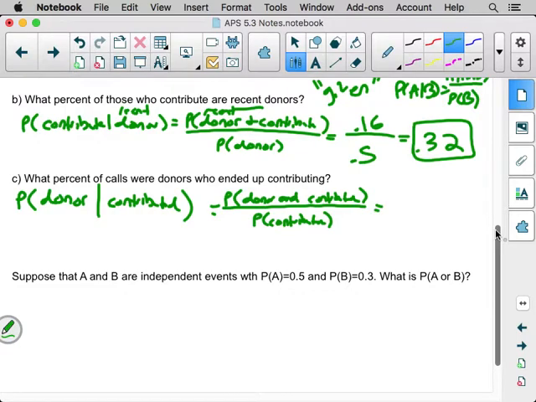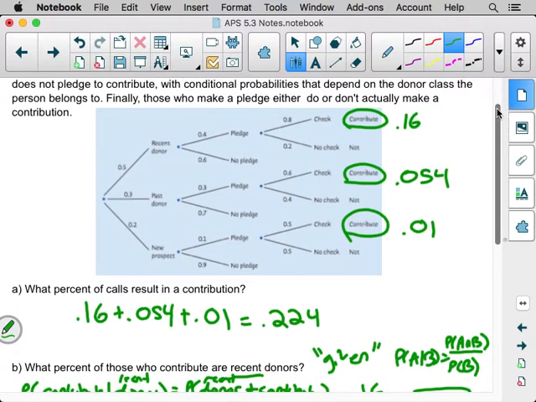All right. Now here again, thinking in general terms, right? In general terms, we're talking about a donor. So to be a donor and having given a contribution, aren't there two paths that lead to that? Right? Can everybody see that?